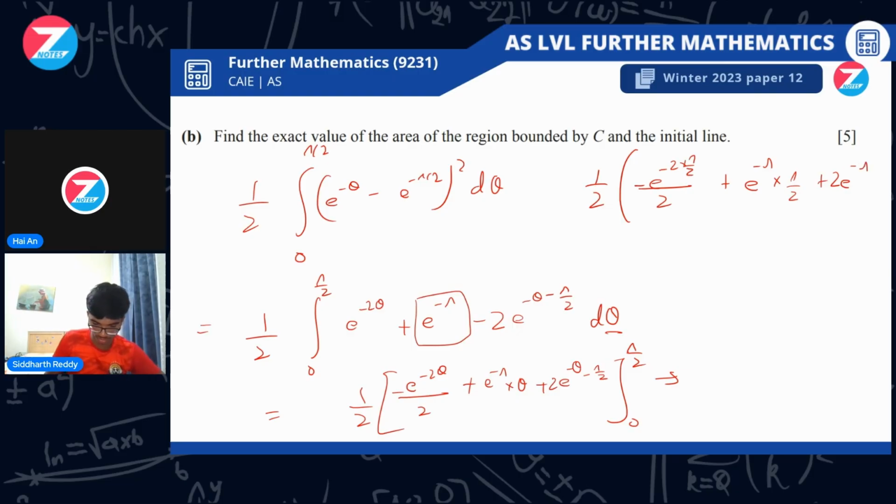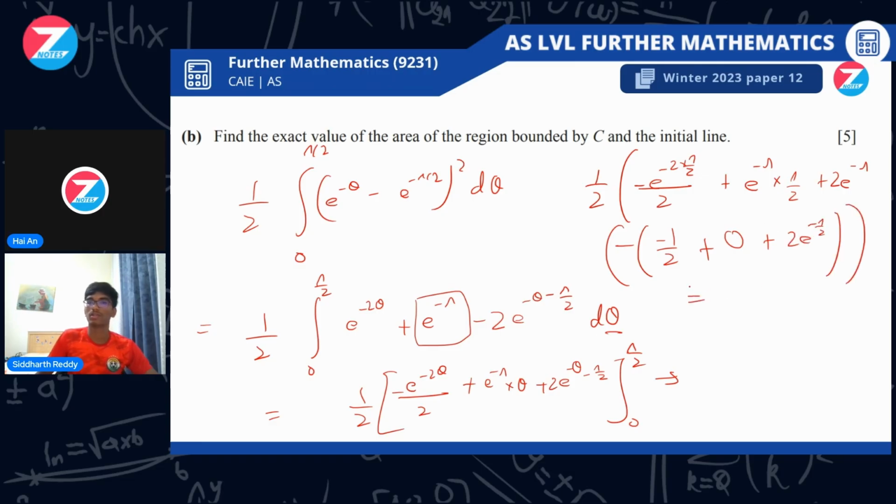Okay, forget about that. Let's move on to the next one. Minus, substitute 0 into all of this, we get e to the minus 0 is going to be minus 1 by 2 plus 0 plus 2 e to the minus pi by 2.